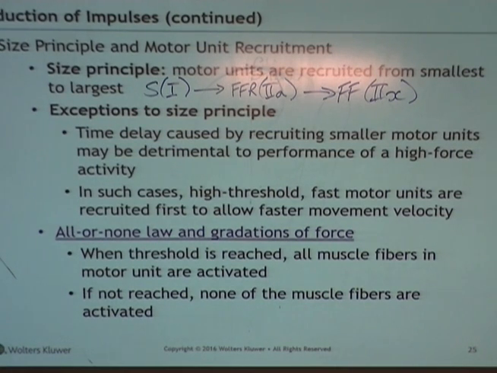So the benefit to the size principle then is that it lets me recruit the easiest motor unit to recruit because it's the smallest, so it has the lowest threshold. So when I send the signal, the signal doesn't have to be as much or as strong to turn on a number 1.